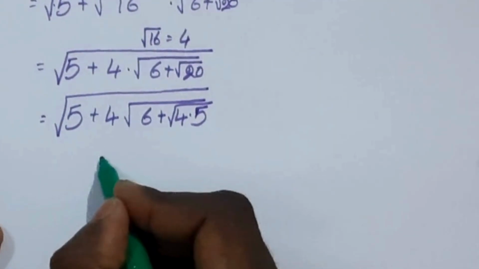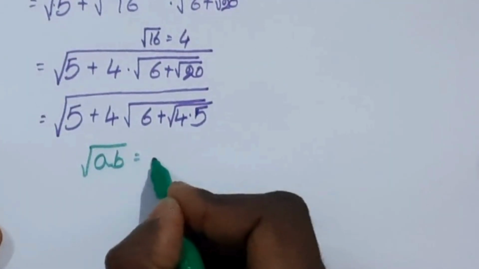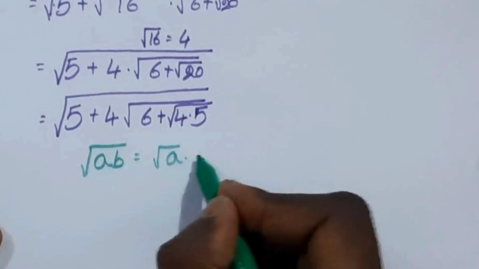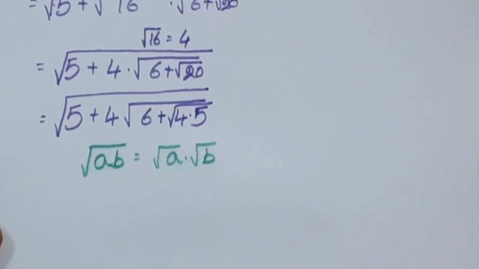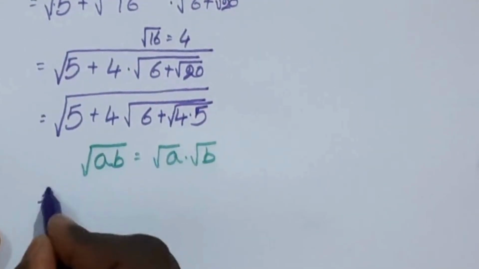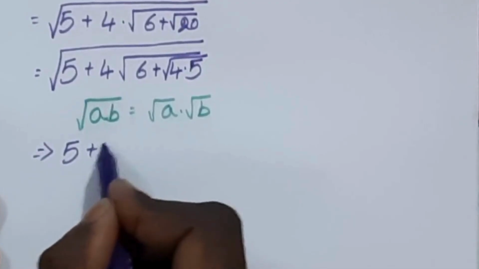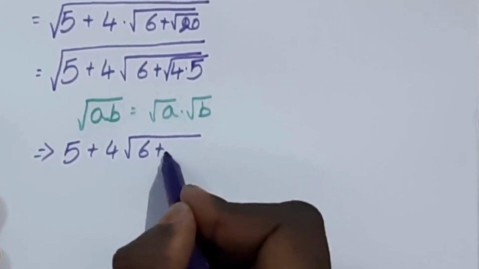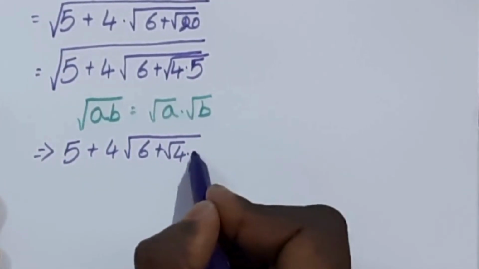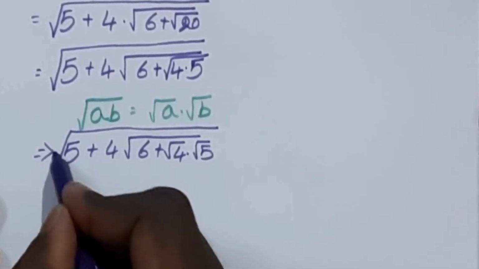We are going to apply this formula: square root of AB equals square root of A times square root of B. This we are going to apply here. So we'll get 5 plus 4 square root of 6 plus square root of 4 times square root of 5 in whole square root.